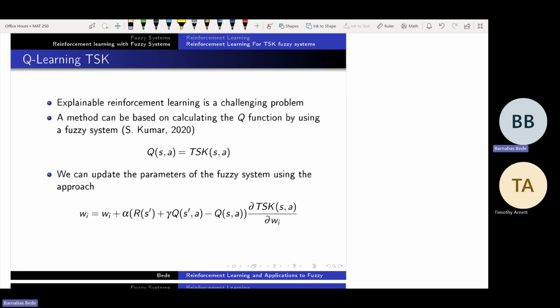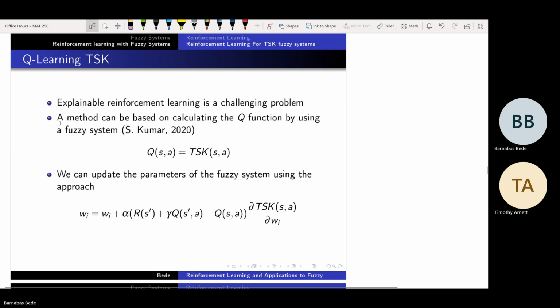That's a challenging research question: how to design a reinforcement learning method that is also explainable. Why is that difficult? Because there are many parameters in the system and you don't know how it really learns and why it does some given actions. So what triggers that given action? What value over what input triggers a given action?